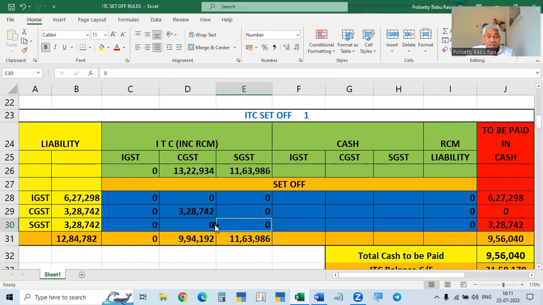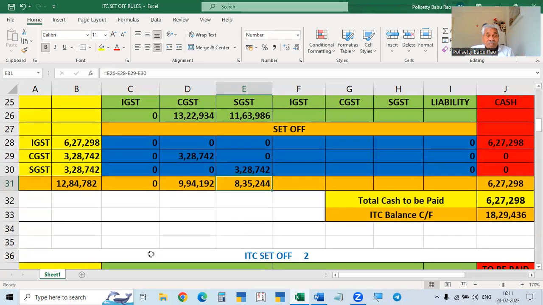Now SGST we will take up because SGST has to be adjusted against itself only. 328,742. It is adjusted. You see? CGST against CGST, SGST against SGST. The input tax credit is more than the liability, so it is completely set off. So the balance is 0. So CGST and SGST liability is 0.